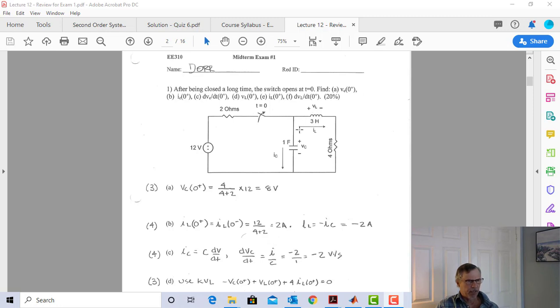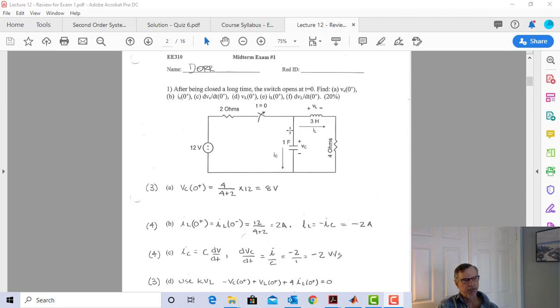What else do I know? I know that at t equals 0, I can't change the capacitor voltage. So whatever that voltage divider voltage was, I'm not going to change it. And I also know that I'm not going to change the current through the inductor.